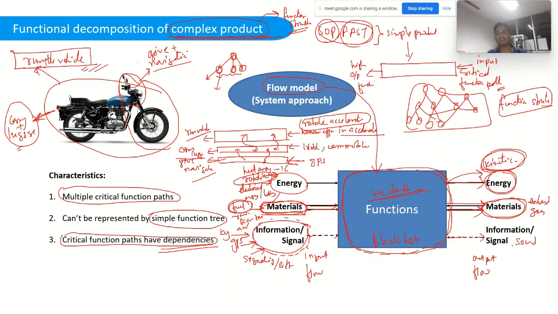Okay, so likewise, after we get to know about these inputs and outputs, we try to analyze the various functions that come in between, and then we try to define how we at the end reach this particular form of output.